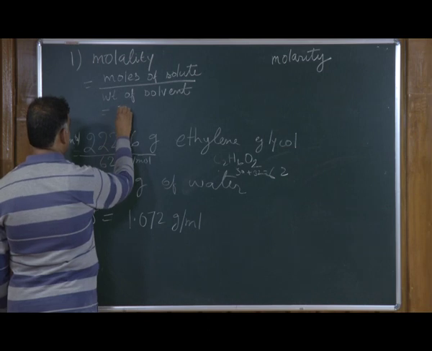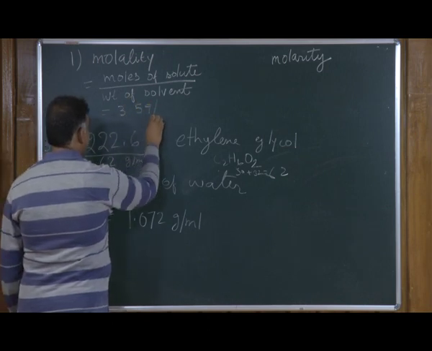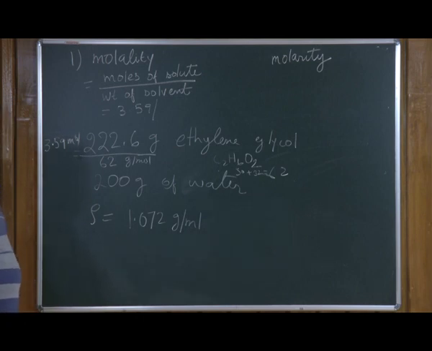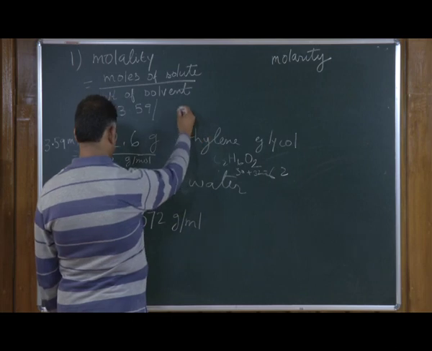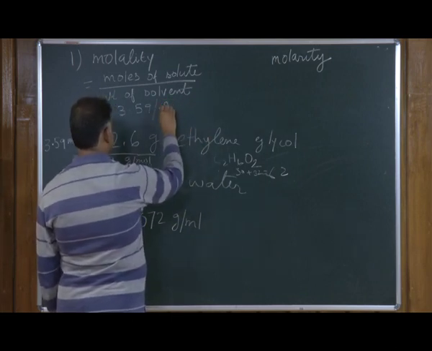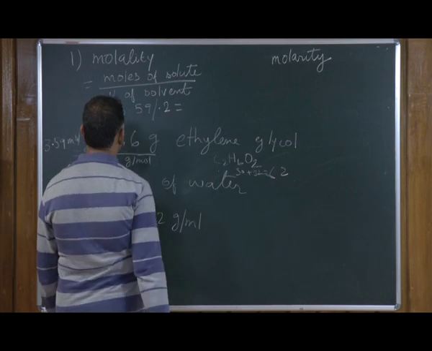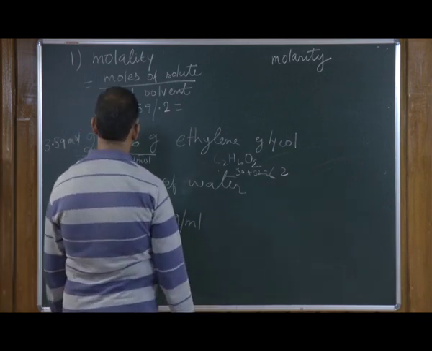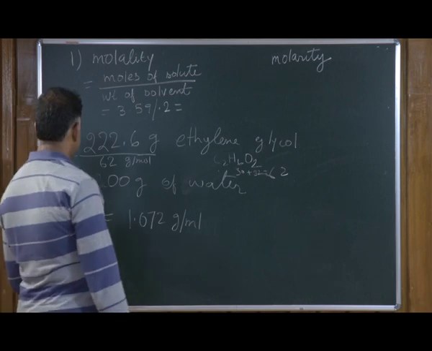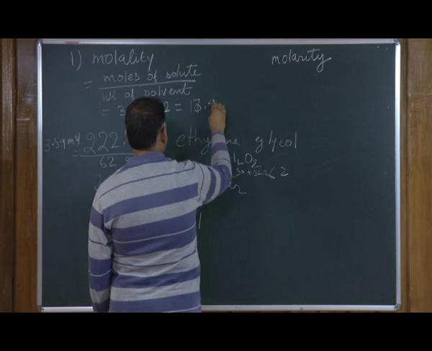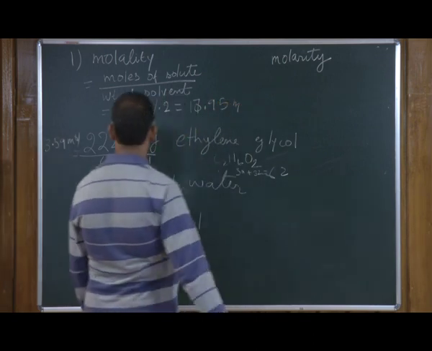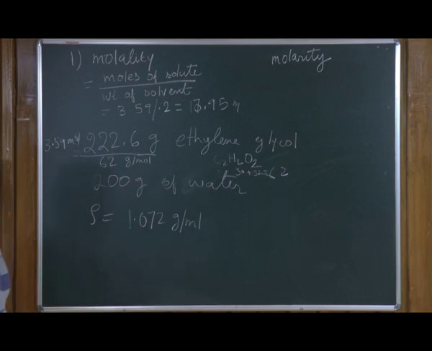This is nothing but 3.59 divided by weight of solvent in kg, that would be 0.2 kg. So, this solution is 3.59 divided by 0.2, around 17.95 molal. It is a highly concentrated solution.